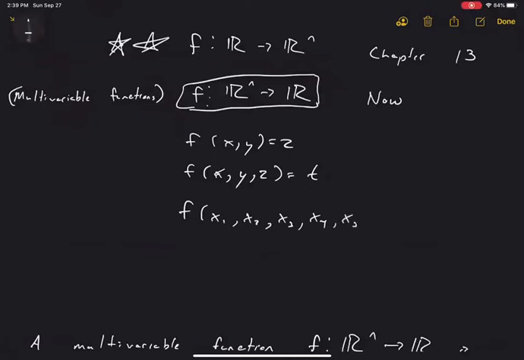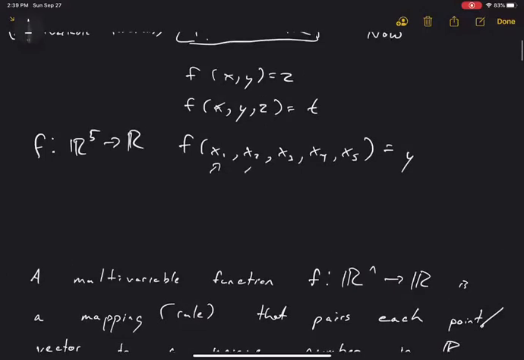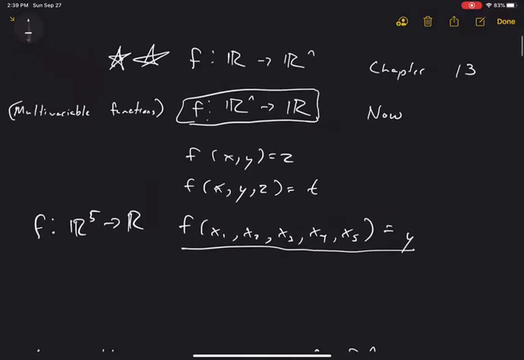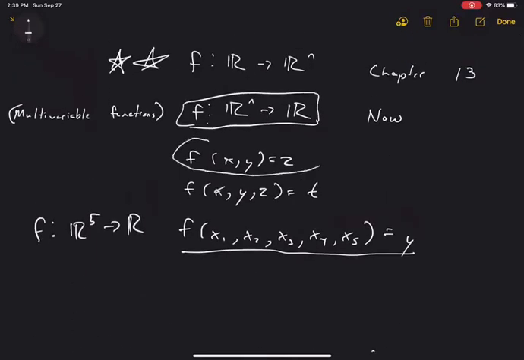If I'm going from R5 to R, maybe I would have something like this. These are my independent variables, and y would be my dependent variable. Again, I'm trying to show you as much generality as possible. We are going to be mostly concerned with just this case, f of x, y equals z, so that's the notation you'll see a lot.